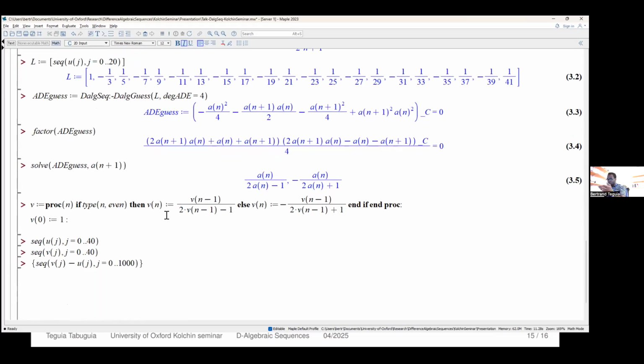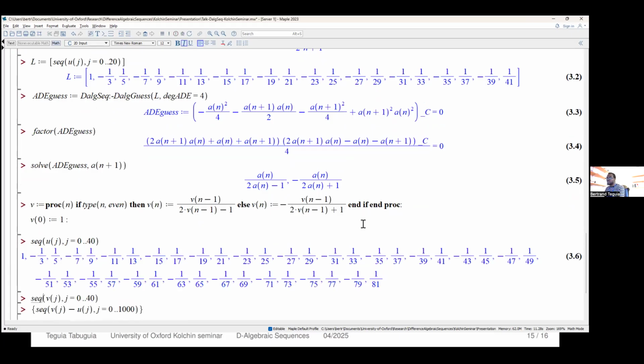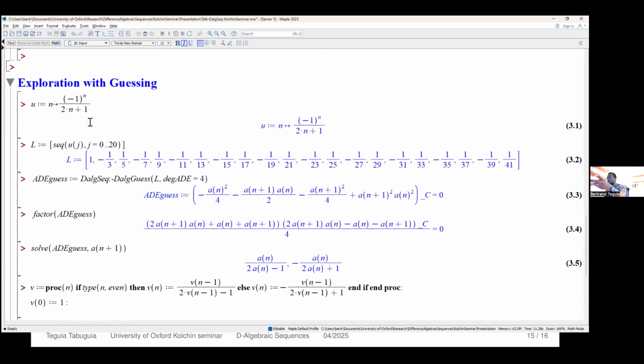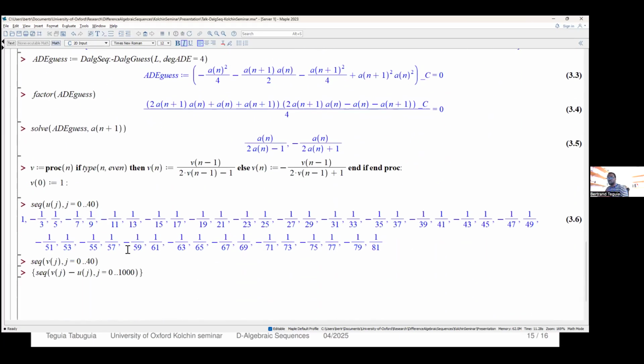And I will show you, this is still guessing, not yet the proof. There's no proof at this point. So this is still the sequence U. These are all terms up to the 41st term. And we define the sequence to use this expression if the index is even, and the second one if n is odd.